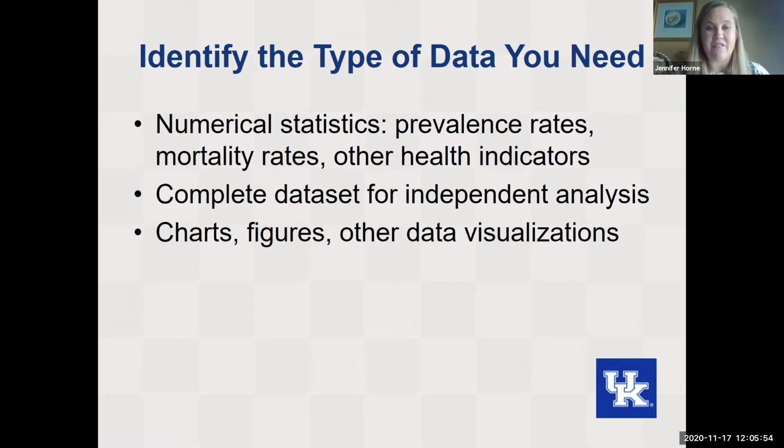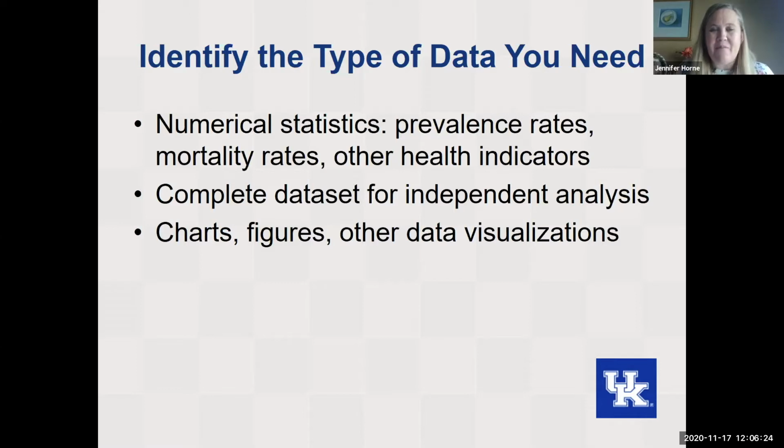Are you looking for data on a specific disease, like diabetes or cancer? Are you looking for a specific geographic area? Are you interested in global, national, state, county, regional level data? Are you looking for certain years? Are you looking for historical data or more current data? Thinking through all of this at the beginning will help you identify the data you need and help you figure out where the best source of that data is.